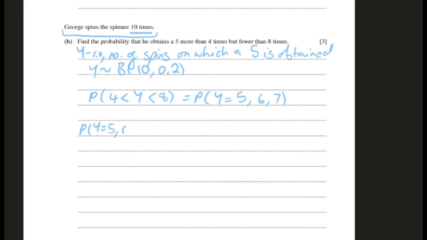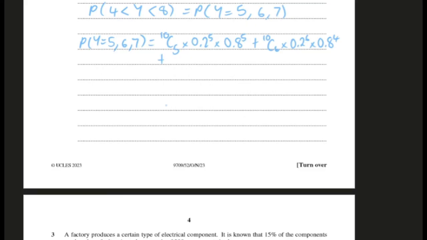So that's 10 choose 5 times 0.2 to the power 5 times 0.8 to the power 5, plus 10 choose 6 times 0.2 to the power 6 times 0.8 to the power 4, plus 10 choose 7 times 0.2 to the power 7 times 0.8 to the power 3. And let's punch this into our calculator and see what it gives us.